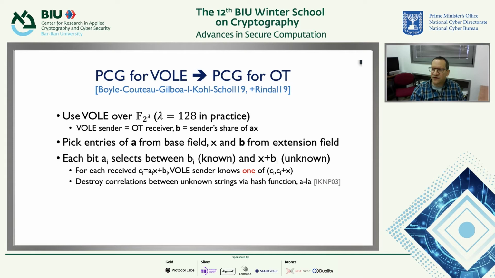And this is how we get PCG for OT, given PCG for Vole, by modifying the construction and choosing a from a subfield rather than from the entire field. This is also known as silent OT extension, PCG for OT.